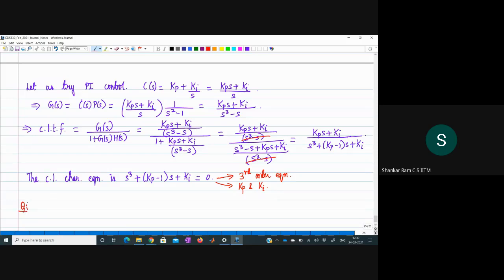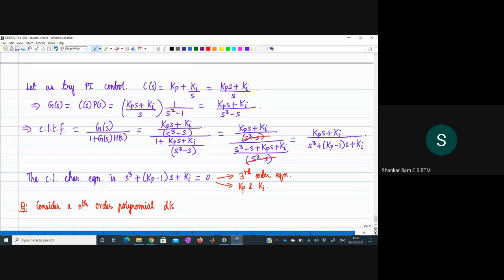So if you pose the general problem, consider an nth order polynomial.